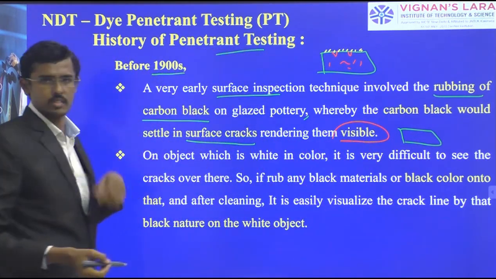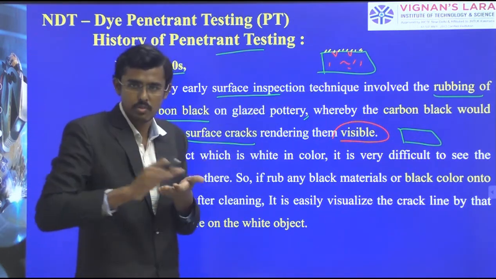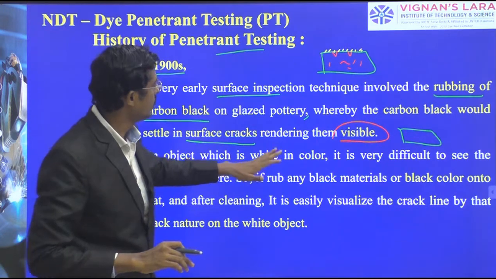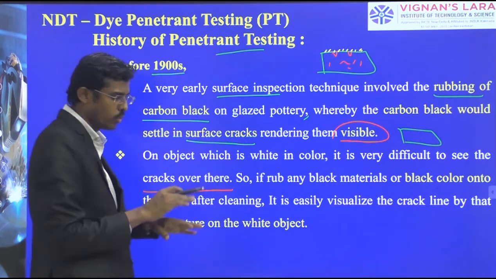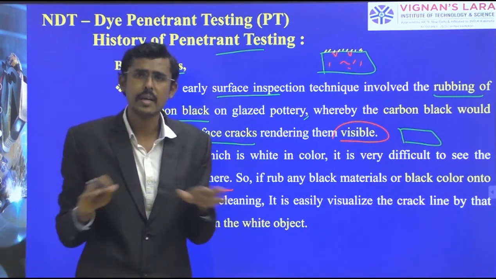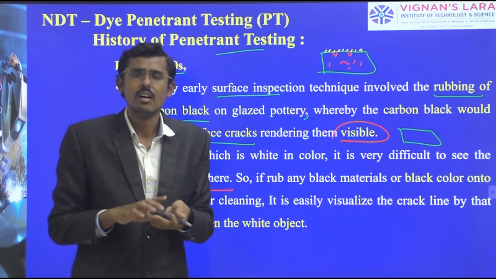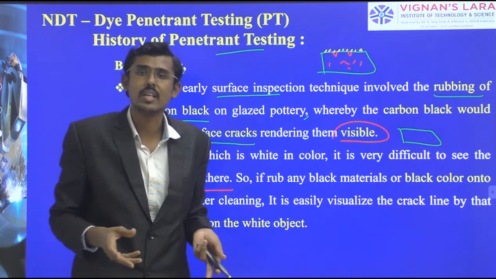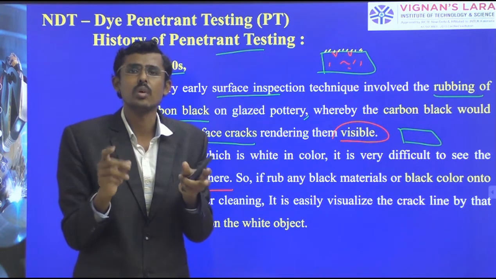On an object which is white in color, let us assume this surface is white, it is very difficult to see the cracks on plain white surfaces. It is difficult to see a crack on a bright white color. So we need some contrast on the surface to check whether it is okay.